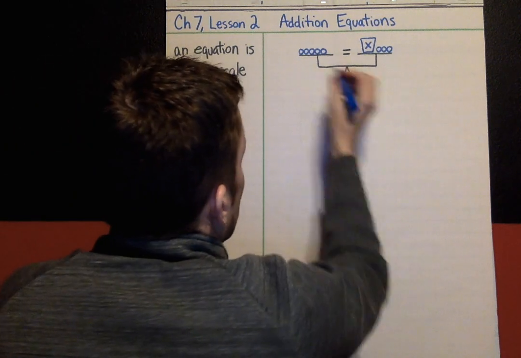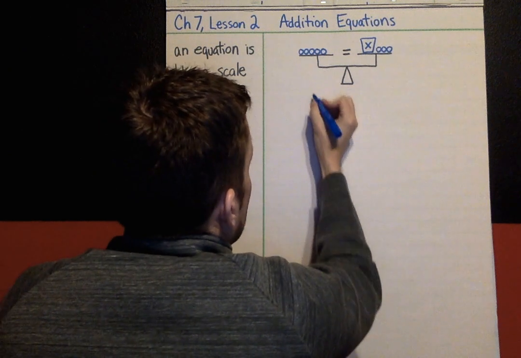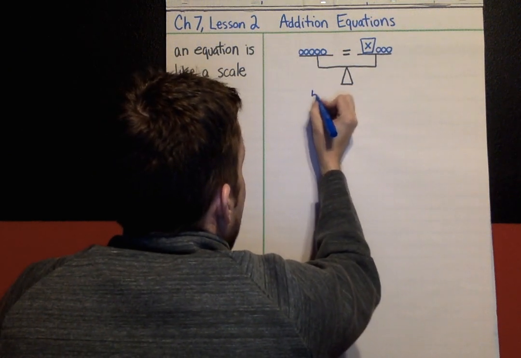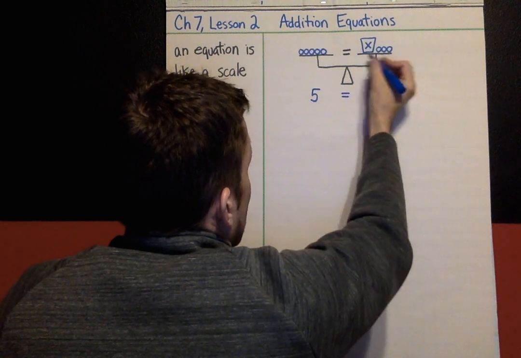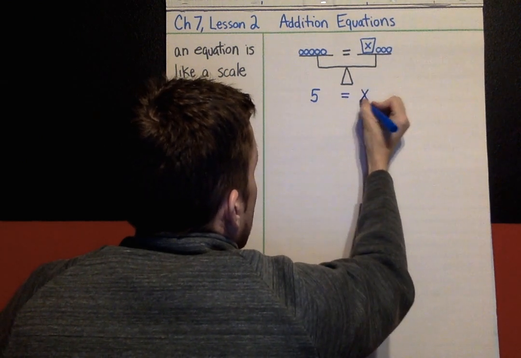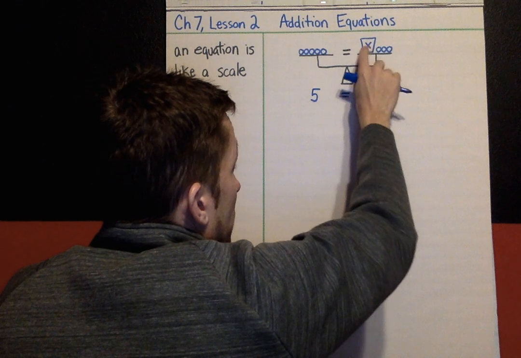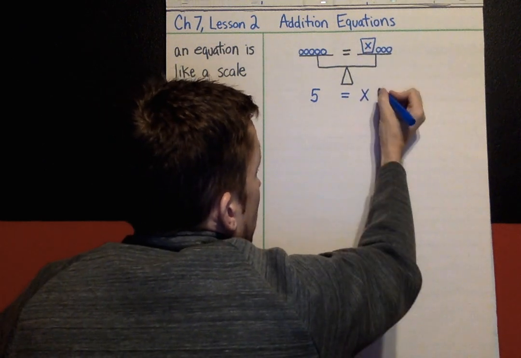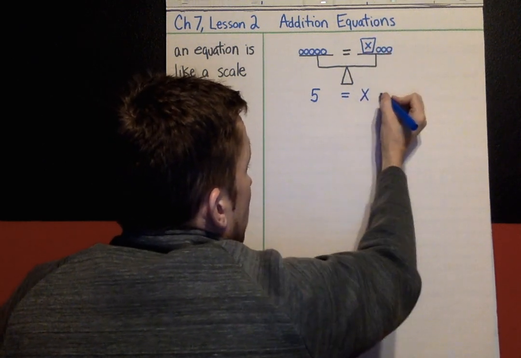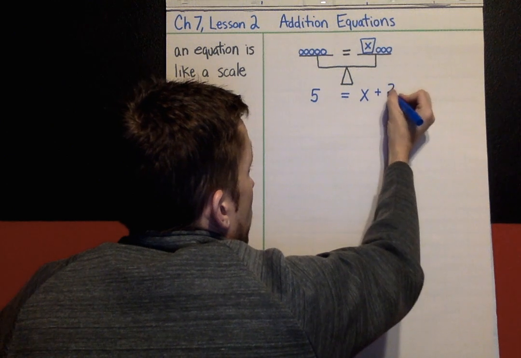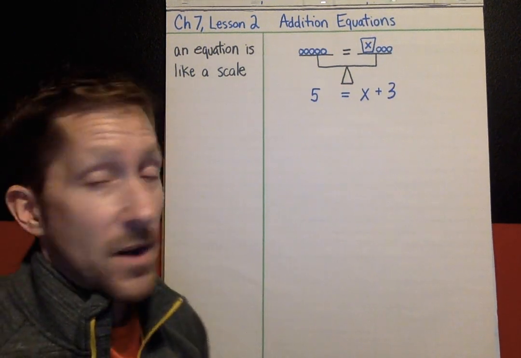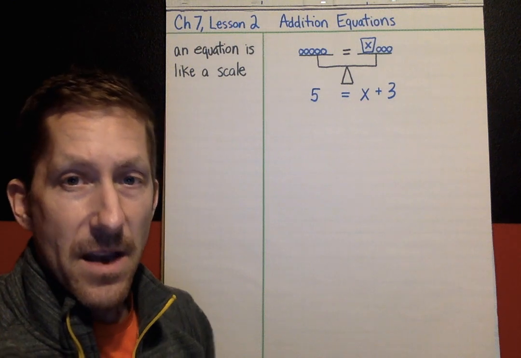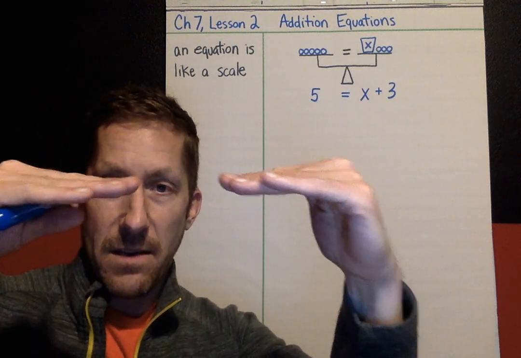So down here, this is a model. I'm going to translate this into math. 5 counters equals, on this side of the scale, I've got a cup with something in it, and then the cup plus 3 counters. So this equation comes from that model, and it's balanced.